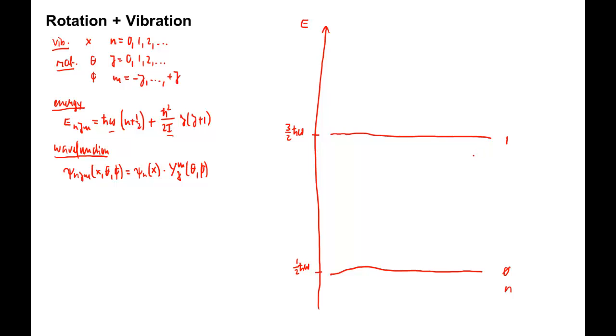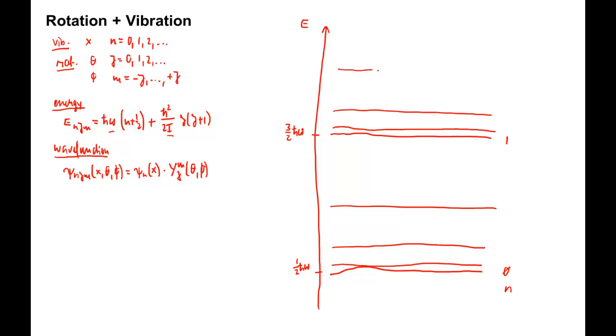Vibrational energy level spacings are on the order of 1,000 inverse centimeters. Rotational constants are on the order of 1 to 10 inverse centimeters, so the spacings are much smaller. For each vibrational state, we get a set of rotational levels with increasing spacing, with the j quantum numbers 0, 1, 2, 3, and so on.